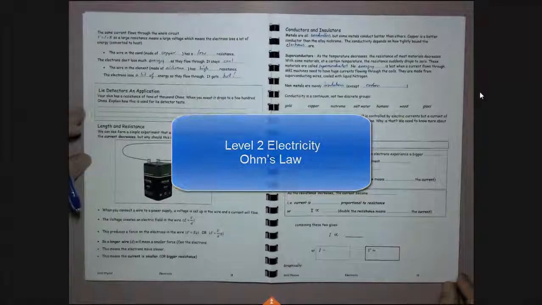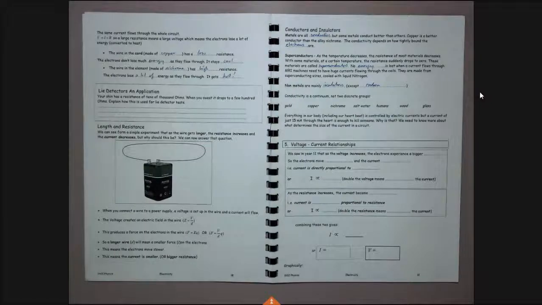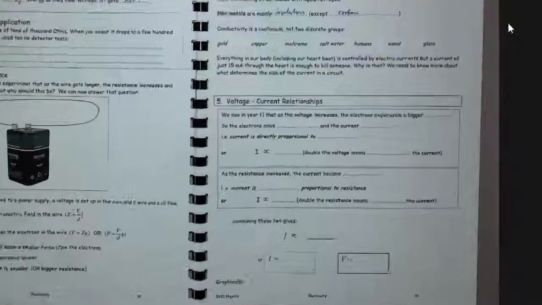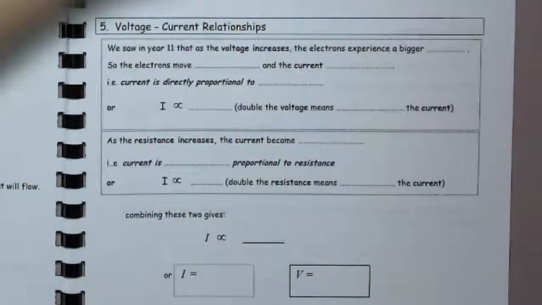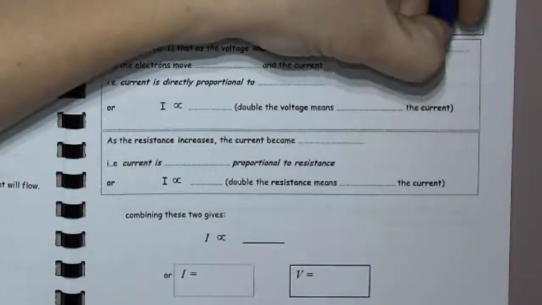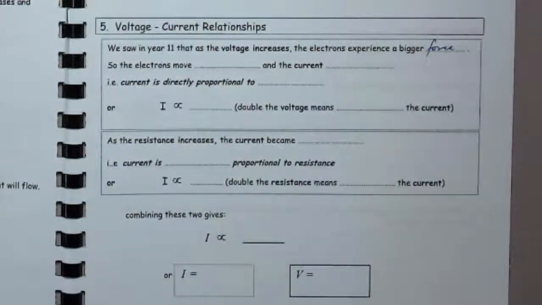Alright, we'll now have a look at the relationship between current, voltage, and resistance. In year 11 we did experiments, those of us that did double science. We saw that as the voltage increases, the electrons experience a bigger force or push.